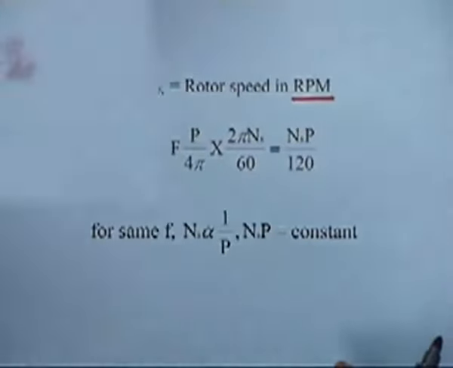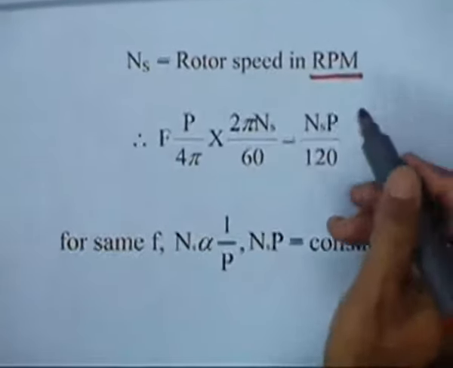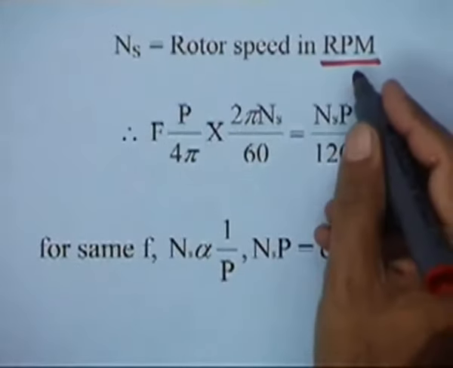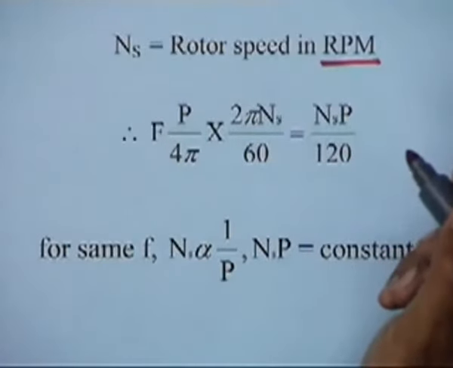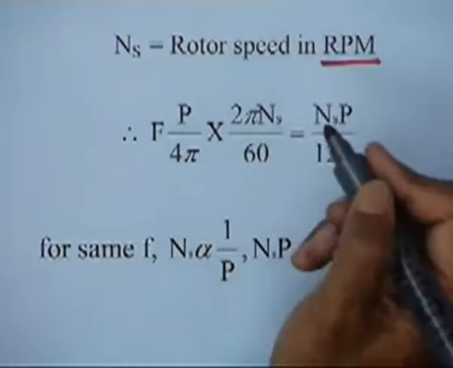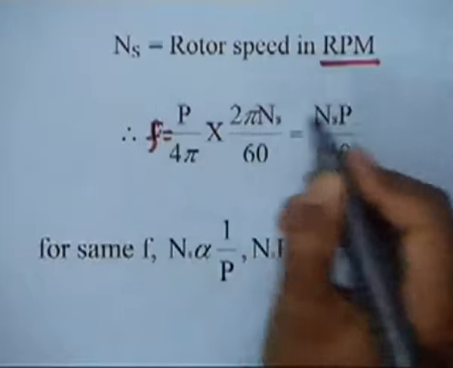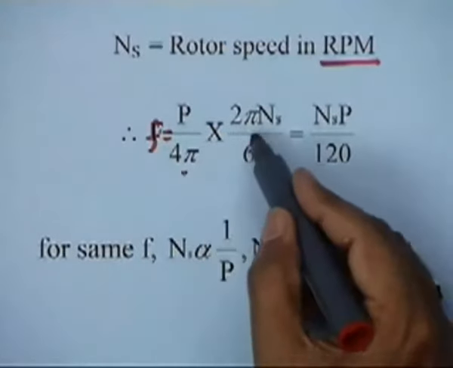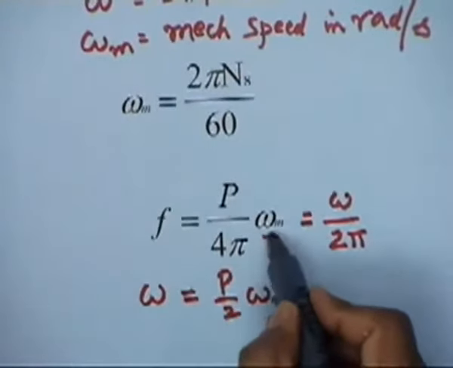Therefore, ns is the rotor speed in RPM, and we get the frequency f is p by 4 pi into omega m.